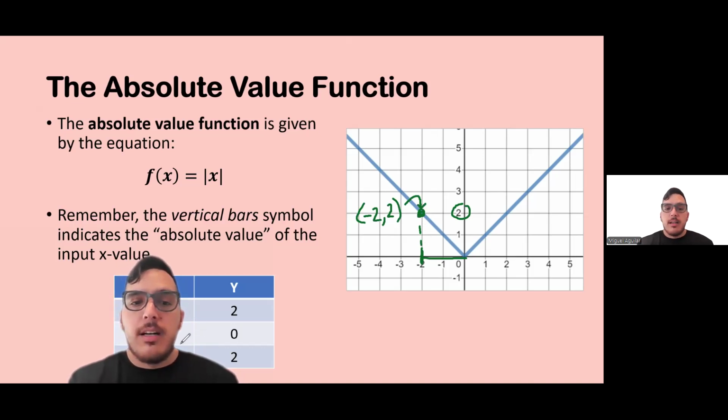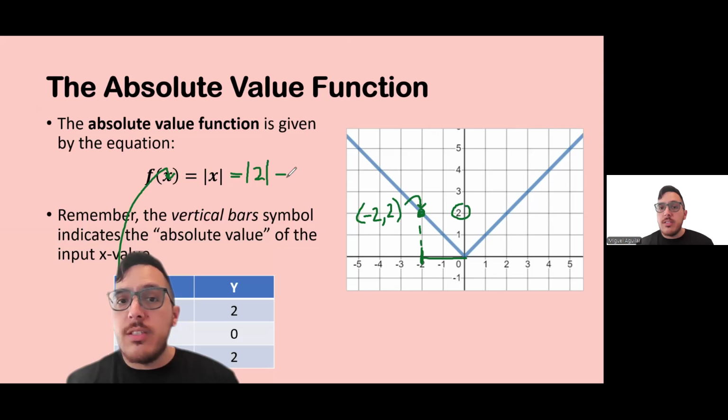Okay. So again, if I needed to find the absolute value of +2, I could plug this into my function right there. And then I can say to myself, okay, well, I'm looking for the absolute value of +2. And that's like asking how far is 2 away from 0 on the number line. Well, that's just 2 units. So that's going to be a Y value of 2 as well.